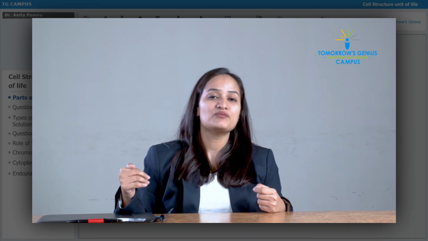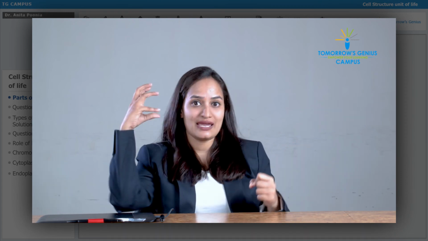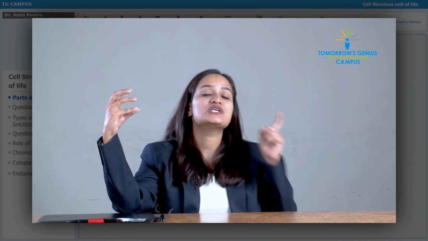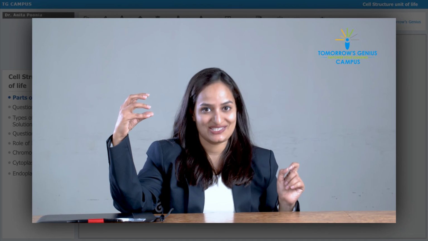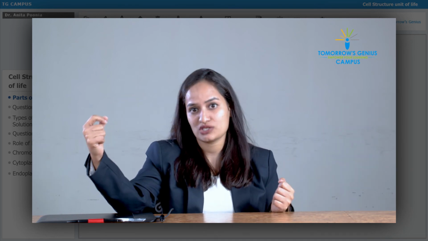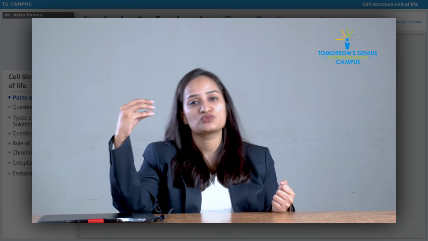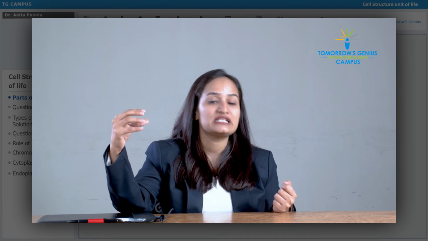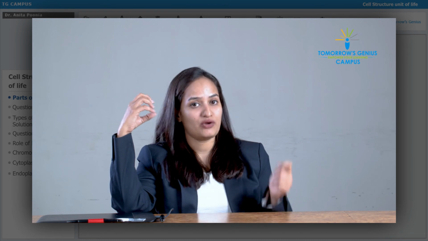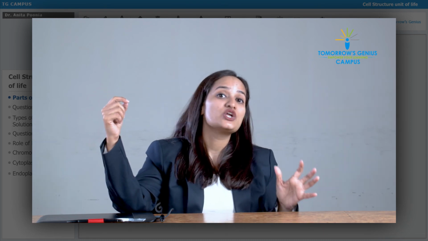The substance will move from the area of higher concentration towards the area of lower concentration. That is osmosis. Osmosis happens with the water molecule, the movement of the water molecule across a concentration gradient from a higher concentration to a lower concentration.